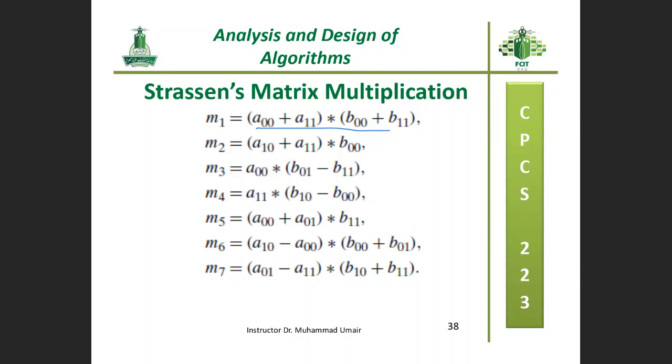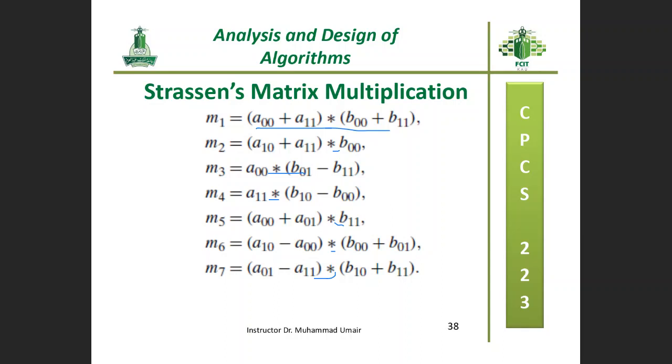Here we are again multiplying the numbers in the matrices using the divide and conquer approach. So here you can see how many multiplications you require to calculate the matrix multiplication: 1, 2, 3, 4, 5, 6 and 7. Is that clear? You need 7 multiplications.